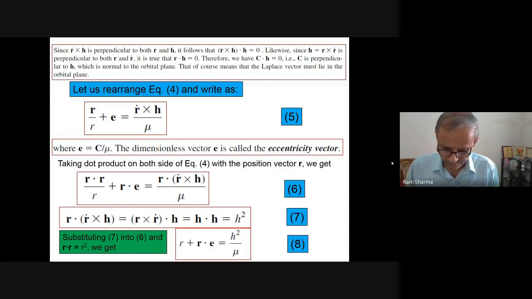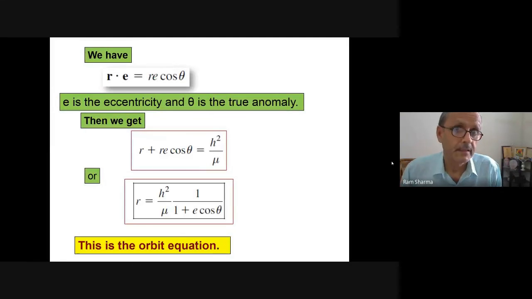This is equation number 8. Since R dot E is equal to R E cos theta, where E is the eccentricity and theta is the true anomaly, we get R plus R E cos theta is equal to H square by mu, or R is equal to H square by mu times 1 upon 1 plus E cos theta.